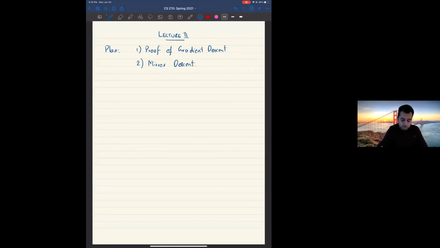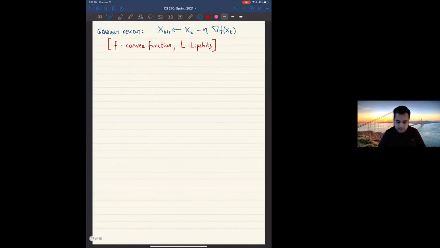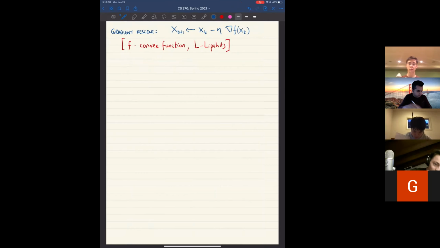Okay, so let's go back to the algorithm that we had discussed last time, which is the gradient descent algorithm. Just to recall, this is the algorithm we have. We have a convex function f.